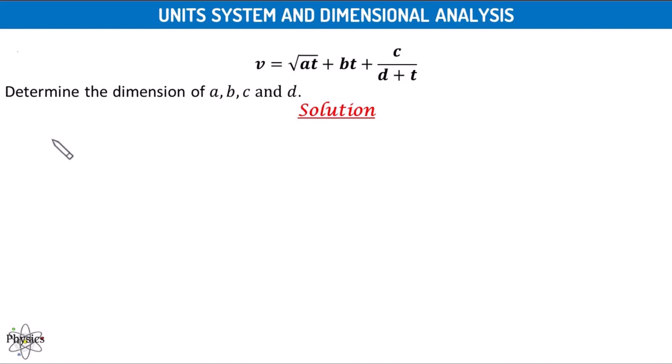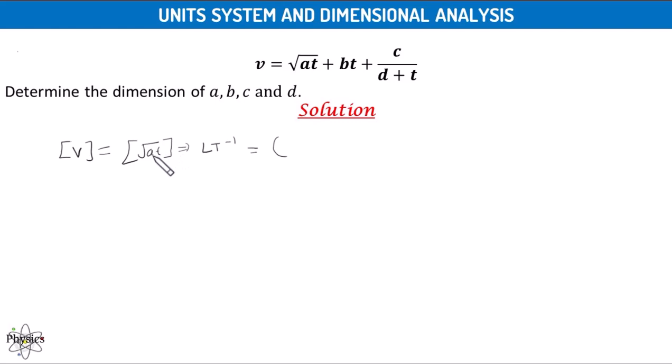From the first one, we see that the dimension of V must equal the dimension of the square root of AT. This is the first one. Then this implies on the left, the dimension of velocity is LT to the power of minus 1, which equals, then this is a square root, which we will take outside.